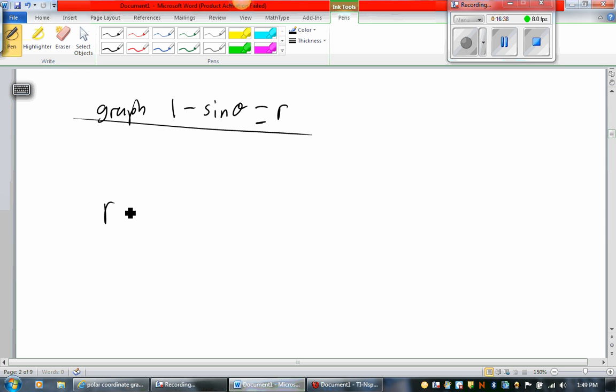So we get the graph r equals 2 cosecant theta. If I manipulate this around a little bit, r equals 2 over sine theta, using my identity. Now I cross multiply and get r sine theta equals 2.